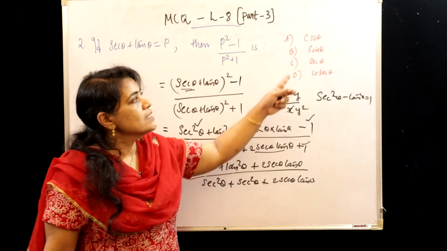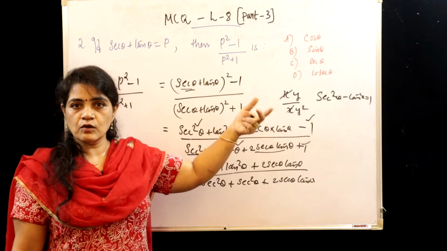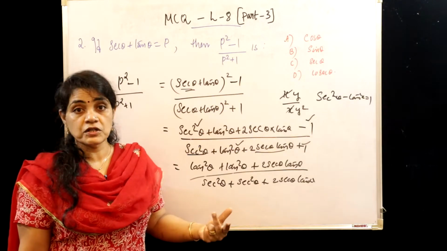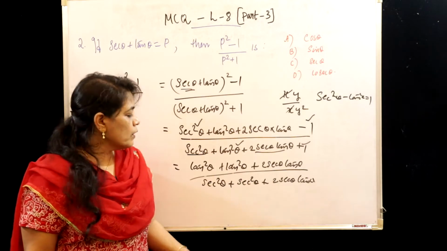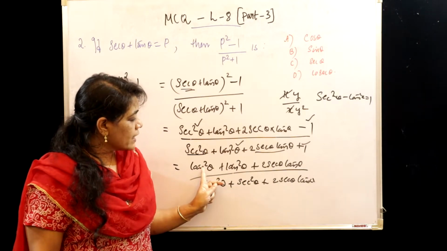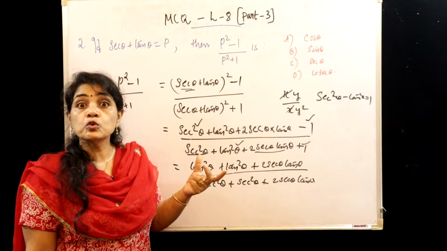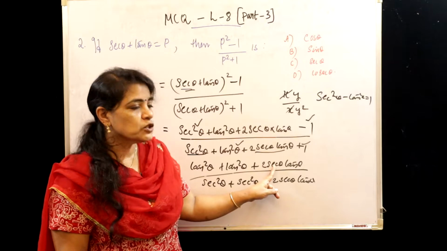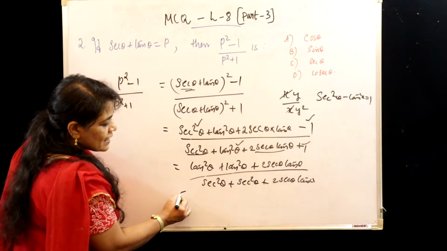See, what are the options children? Single ratios. Sec theta or sin theta, cos theta, these are the ratios given as options. So we have to reduce this into that form. Here tan square theta and tan square theta we can add, that is 2 tan square theta and 2 sec theta tan theta in the numerator. That is the next step.